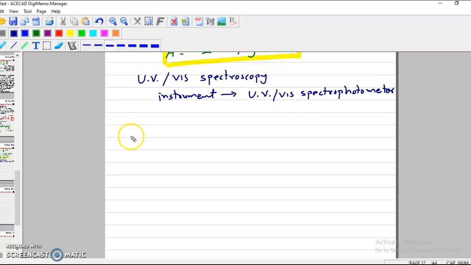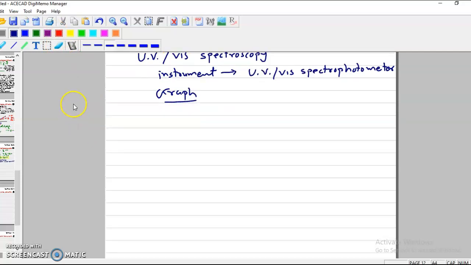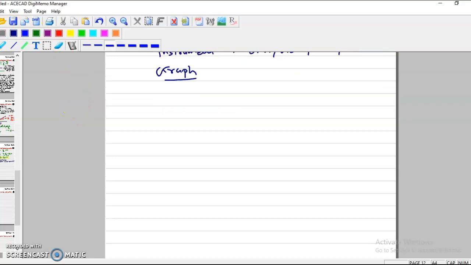And it gives us a different graph. Here on the y-axis we take absorbance, but on the x-axis we take wavelength, lambda.